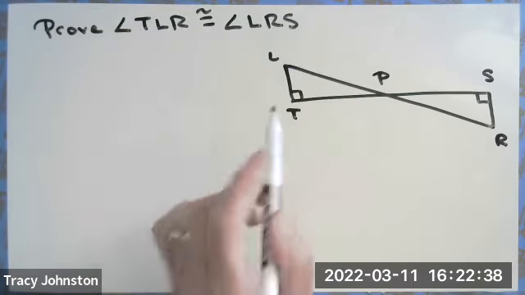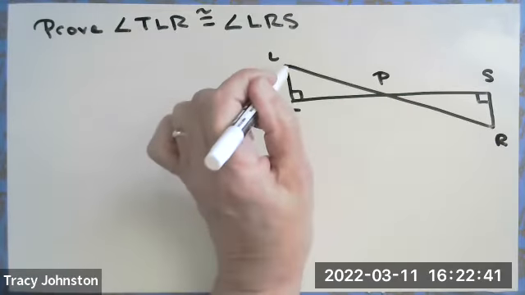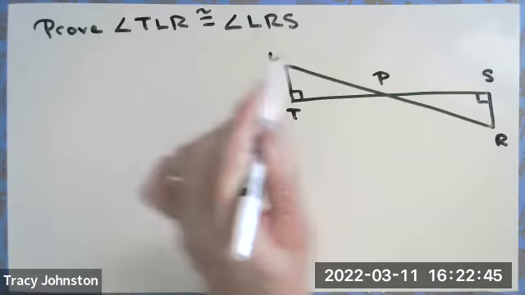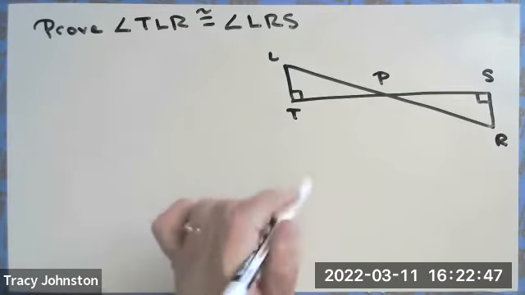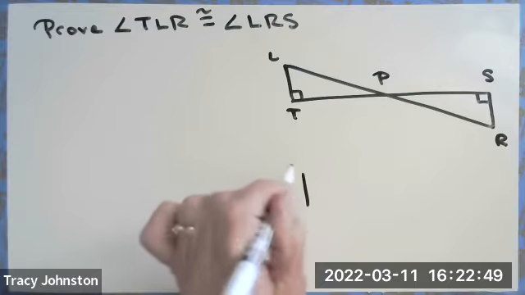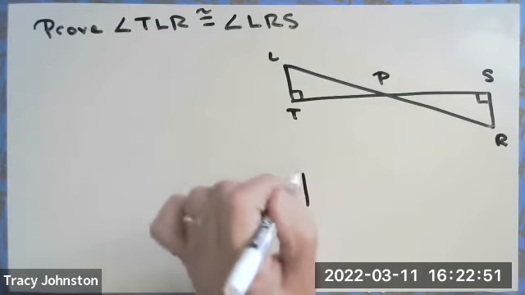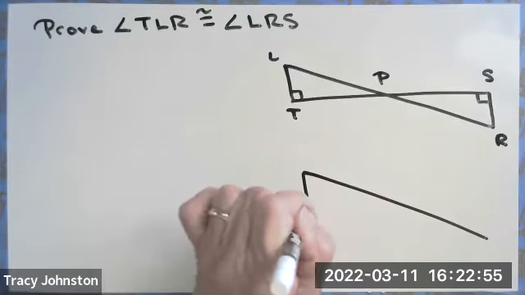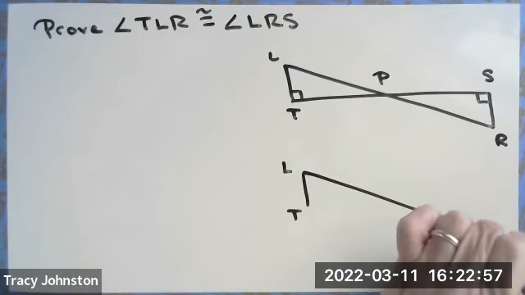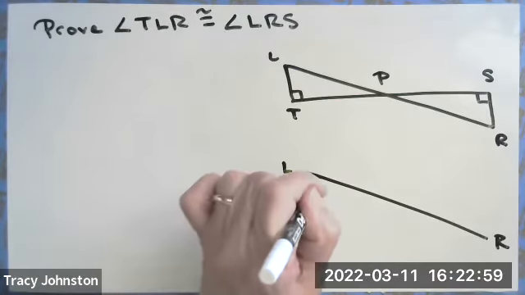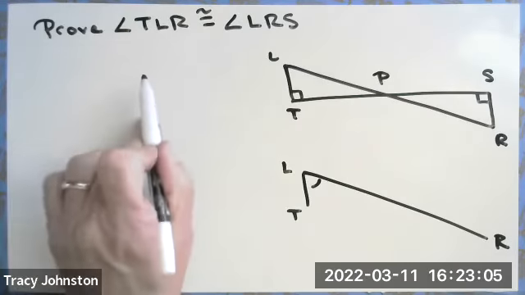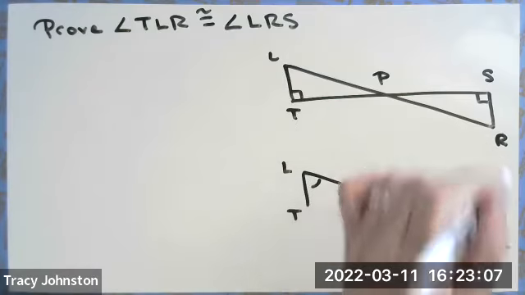But remember that L and P and R are collinear. So really we can view TLR like this. Here is T, here is L, and here is R. And so we're interested in that angle, and we can ignore the other parts of the diagram when we're considering what angle TLR is.